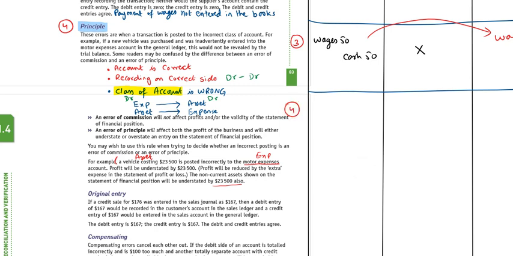The original entry: for example, we have purchased a vehicle of rupees 23,500, and assume we are using cash. The correct entry will be vehicle debit by 23,500, and the bank, or you can say cash, whichever you like, is credit by 23,500.